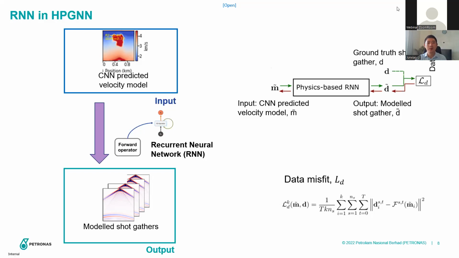The difference between the modeled shot gathers and the true shot gathers will be the data misfit, the next part of our whole misfit function. The data misfit can also be calculated by this equation. And then, back and forth, this is how the HPGNN does the training work.